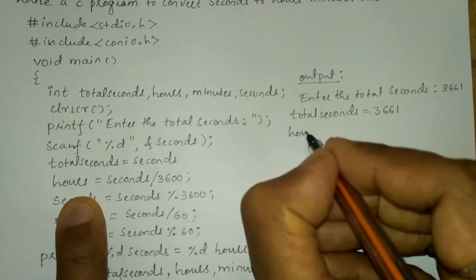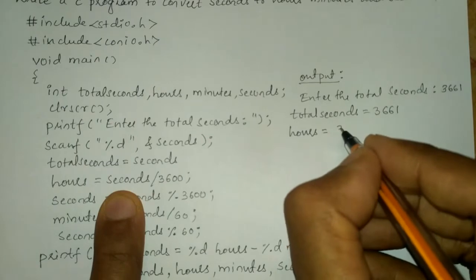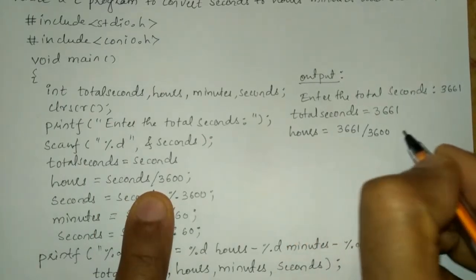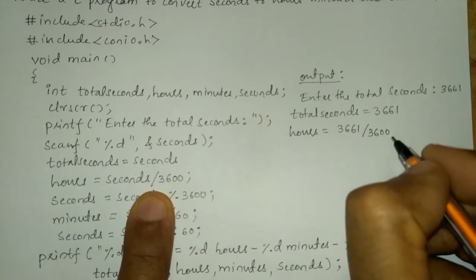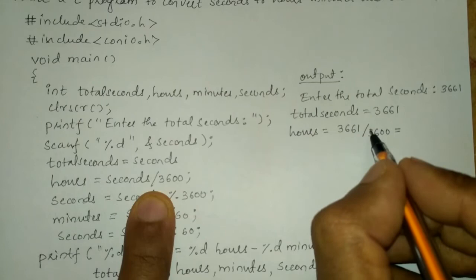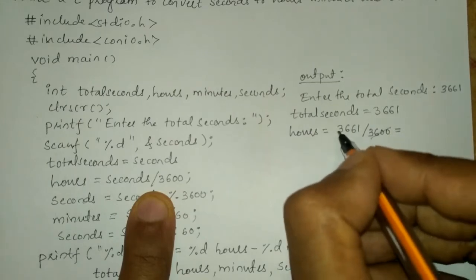So hours will be calculated as seconds, which is 3661, integer division by 3600. After dividing this, integer division always gives us the quotient. 3600 ones are 3600.